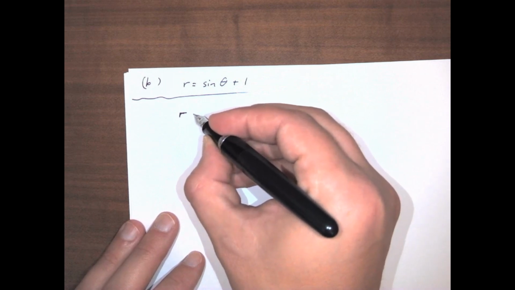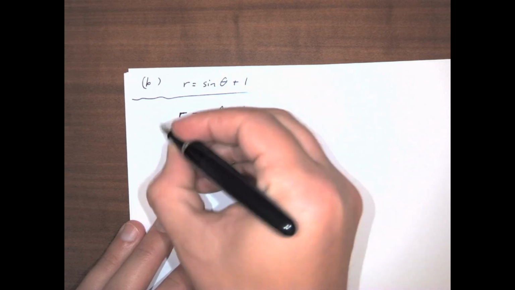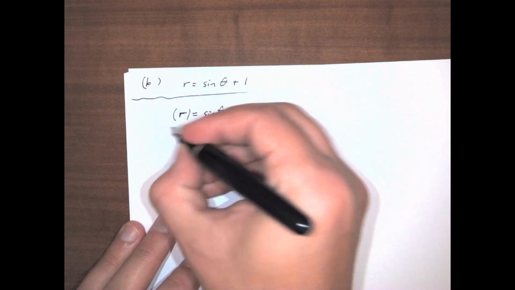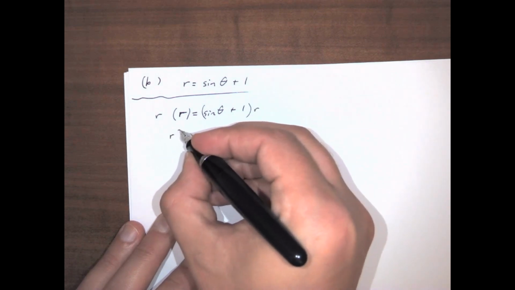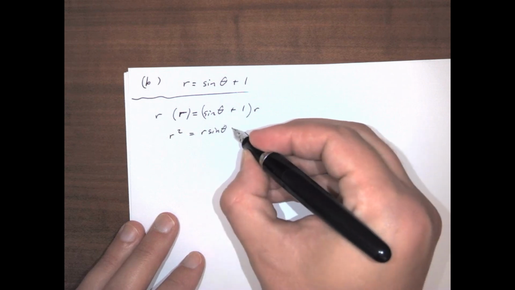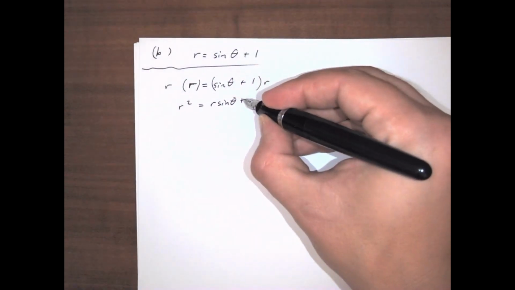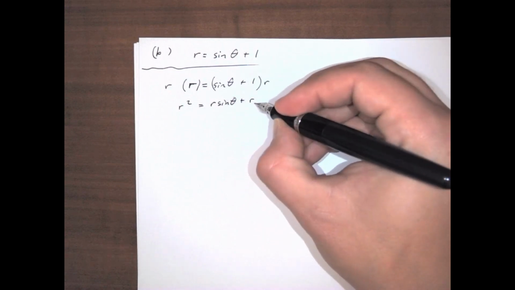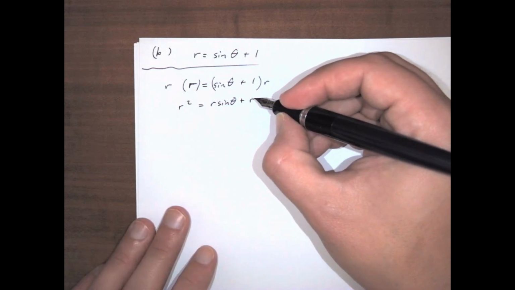So this is r equals sine theta plus 1. That's what we're starting with, and let's just do what we did before, multiply both sides by r. R squared equals r sine theta plus r. Now, these terms are all pretty good, but this term is actually not yet right.